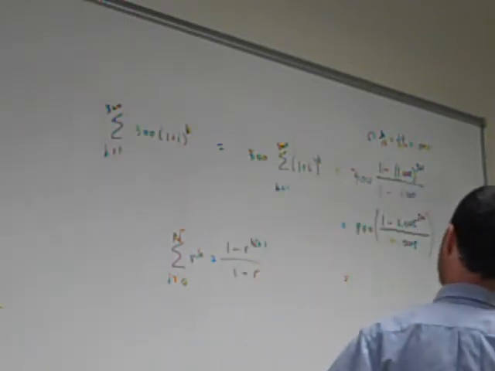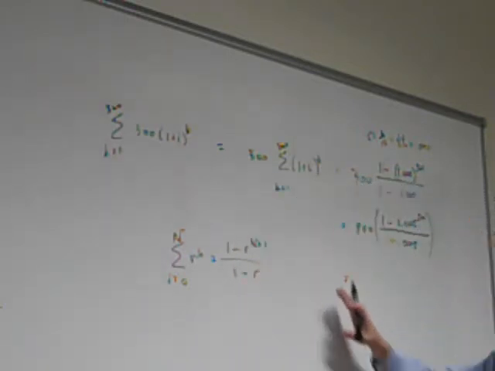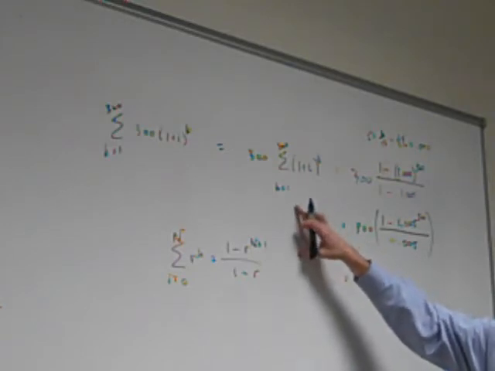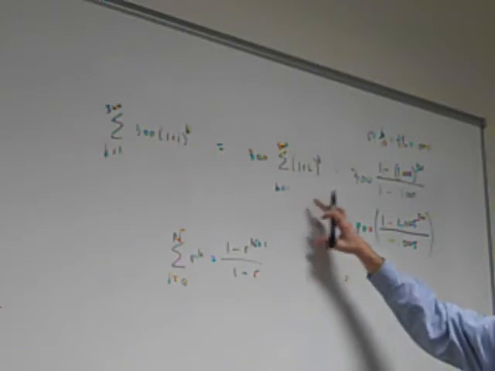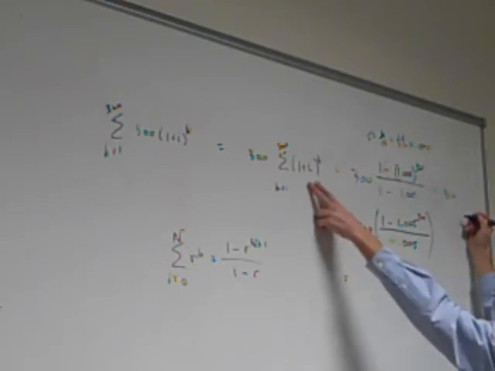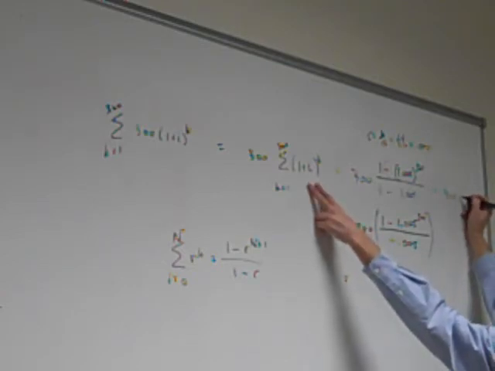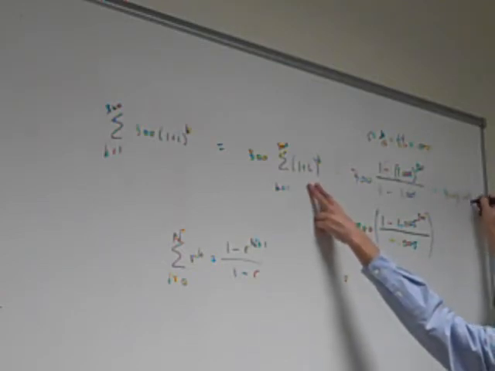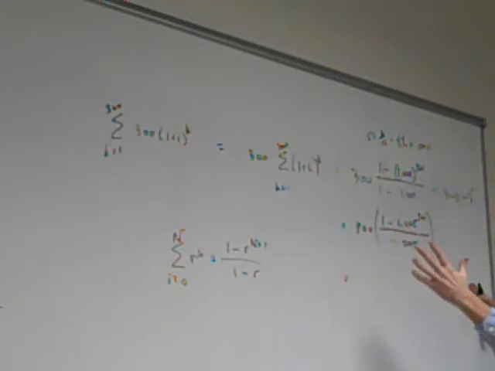But wait, what mistake did I make? You didn't add. It starts at 0, right, is my formula. So what do I have to do here? Minus the 300 times the 0th term. But the 0th term is just 1.005 to the 0, so I just need to subtract $300 off from my answer there.